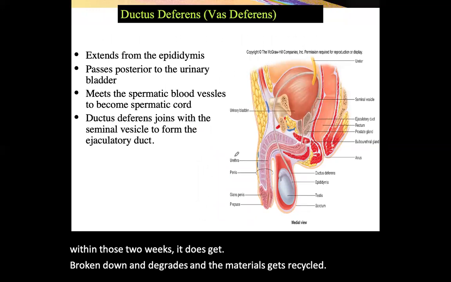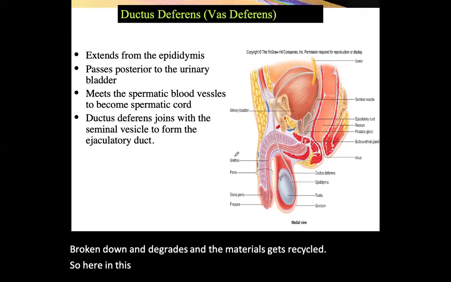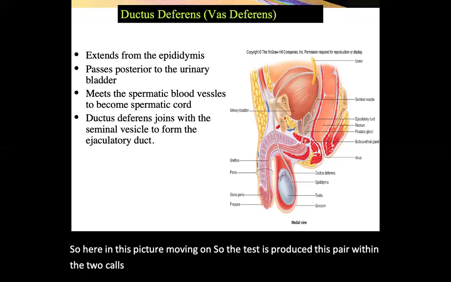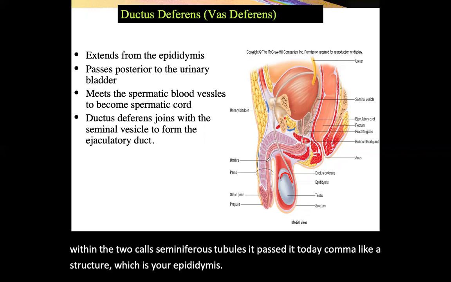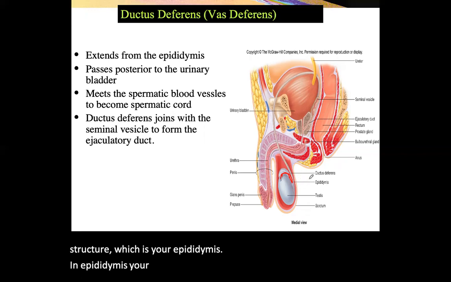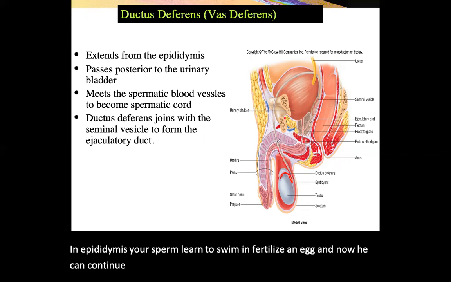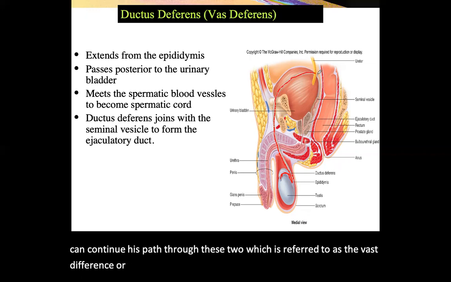So here in this picture, moving on. The testis produced the sperm within the tube called seminiferous tubules. It passed it to the comma-like structure, which is your epididymis. In the epididymis, your sperm learned to swim and fertilize an egg. And now it can continue its path through this tube, which is referred to as the vas deferens or ductus deferens. Notice this tube goes around the bladder.